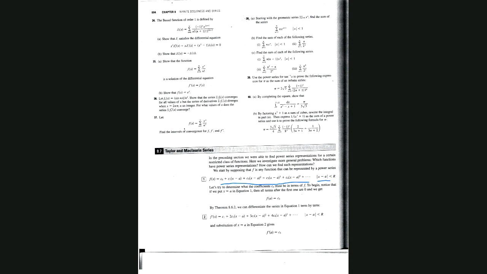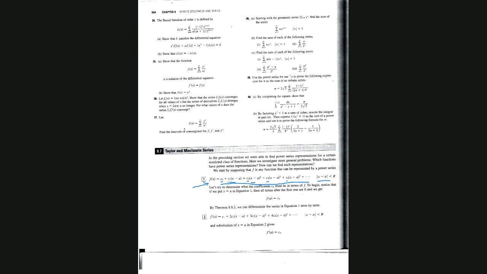So if we could, for a particular function, determine what these coefficients are, c naught, c1, c2, c3, and c4, then we would have our power series for that function. First, let's put x equals a in this equation. What's going to happen to the second term, third term, fourth term, and so forth?